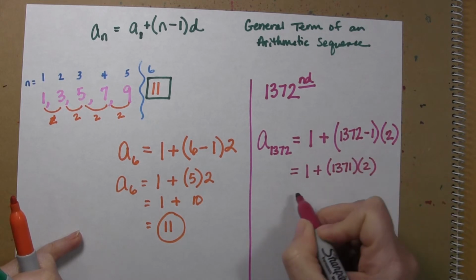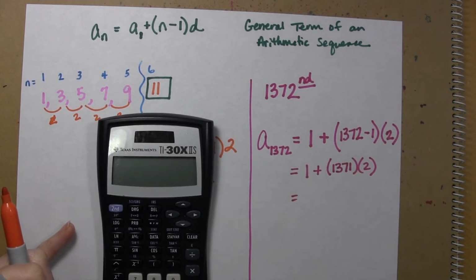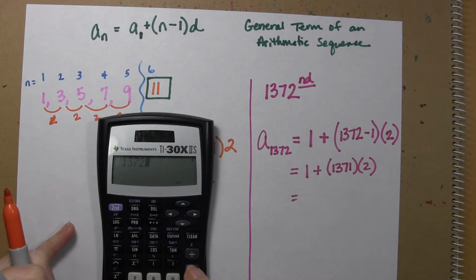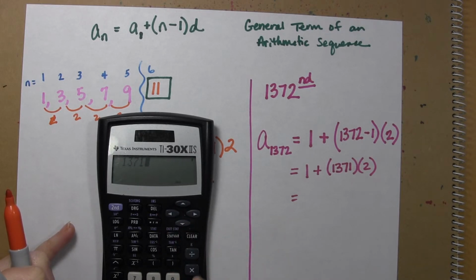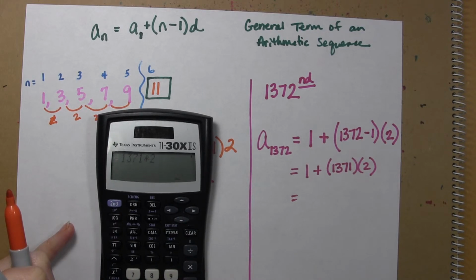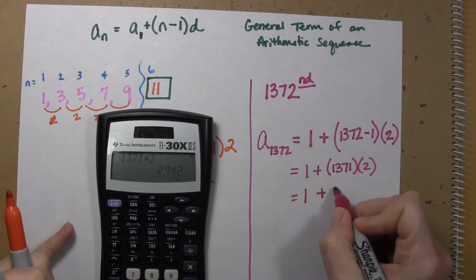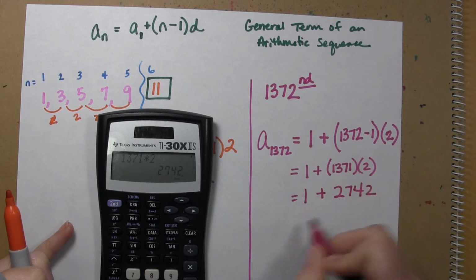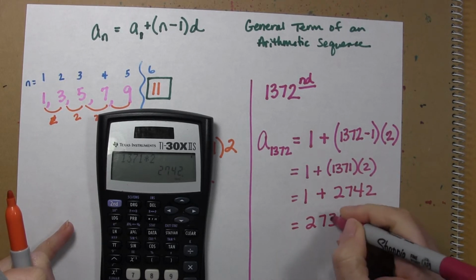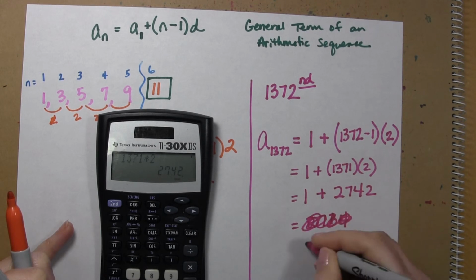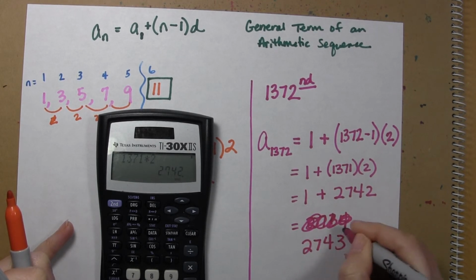1371 times 2, which is, I don't know, we have to do it, 1371 times 2. 1 plus 2742, which will give me 2743.